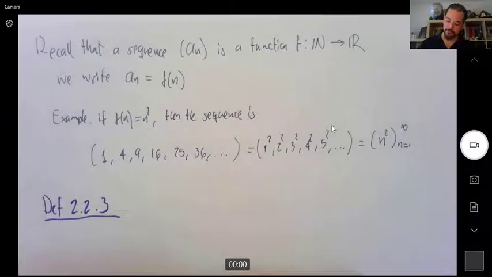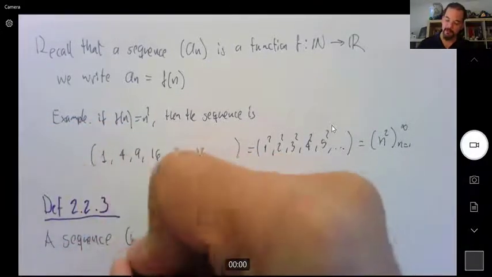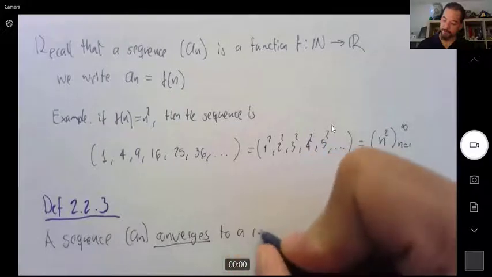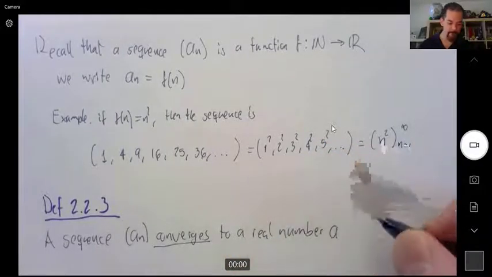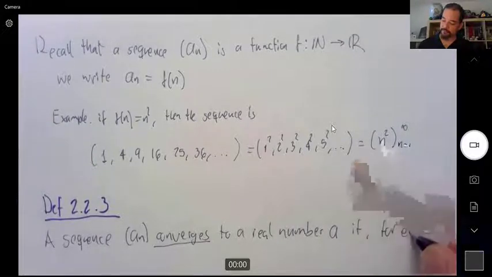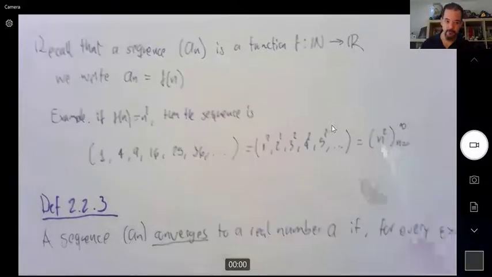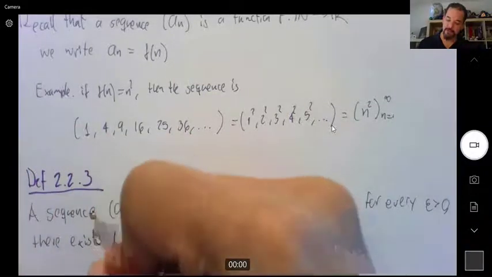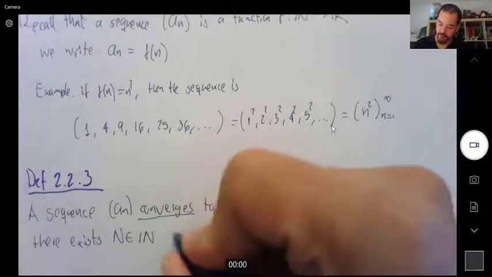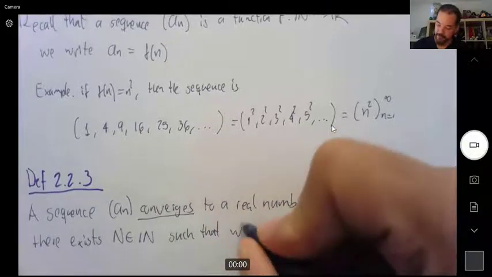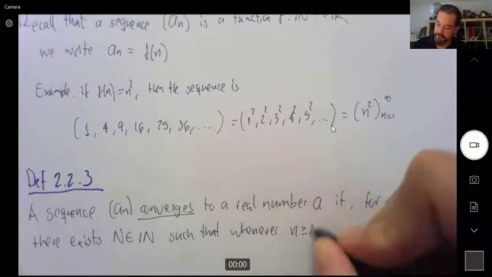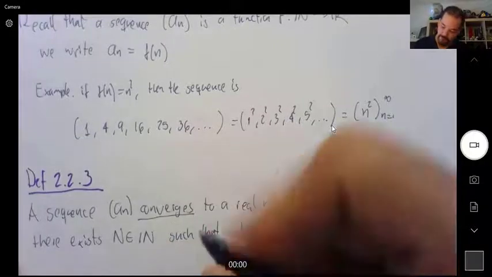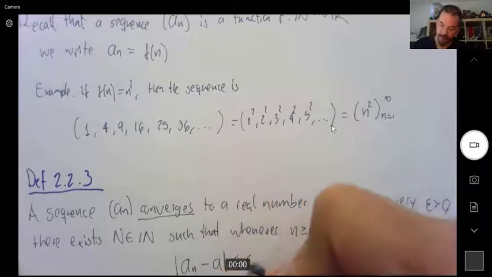We say that a sequence a_n converges, that's the new word we're learning, converges to a real number A, if for every epsilon greater than 0, there exists some capital N, a natural number, such that whenever little n is bigger than capital N, it follows that the absolute value of a_n minus A is less than epsilon.